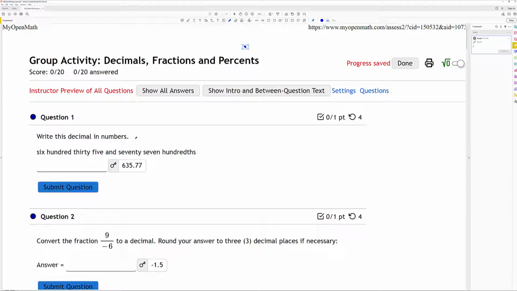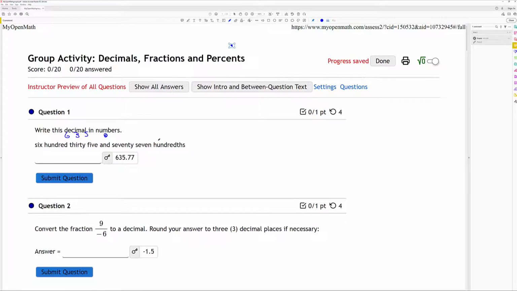This one here, this is week 4 group activity, decimals, fractions, and percent. Write the decimal out in numbers. So here we can see that the decimal point will be where the "and" is. So you write out the whole part, 635.